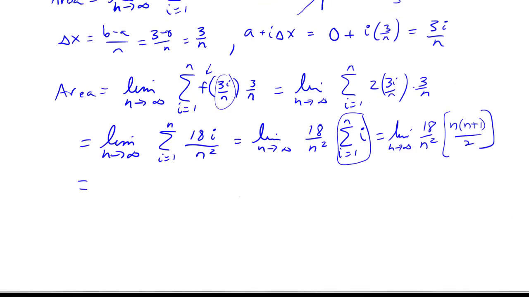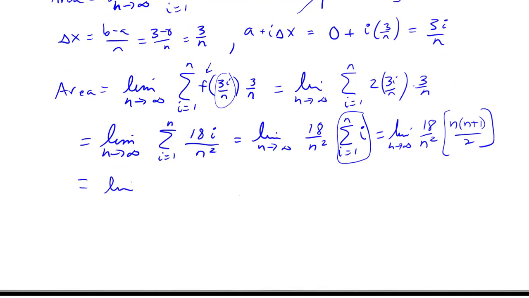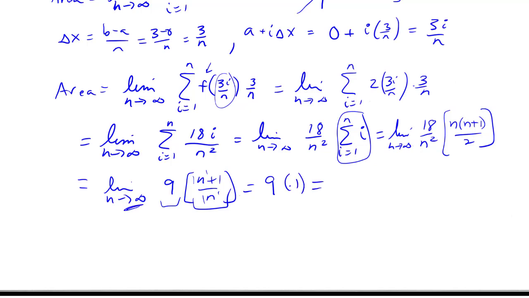So I get the limit as n goes to infinity, 18 over 2 is 9, and then inside one of the n's cancels, so I get n plus 1 over n. Just like before, the limit of 9 is 9 times the limit of this expression, that's n to the first over n to the first, so 1 over 1. Remember, we're doing limit as n goes to infinity, so we get 1 and we get 9.